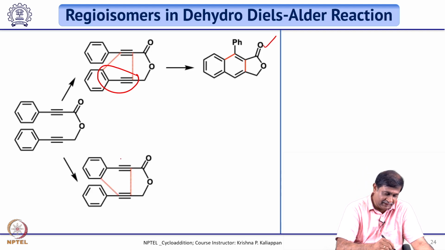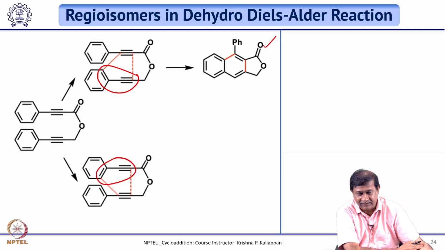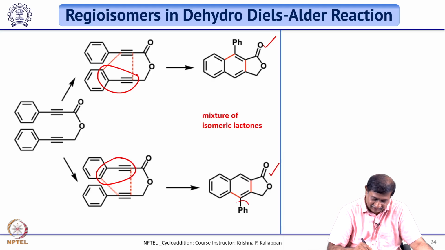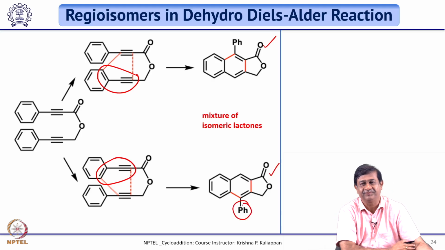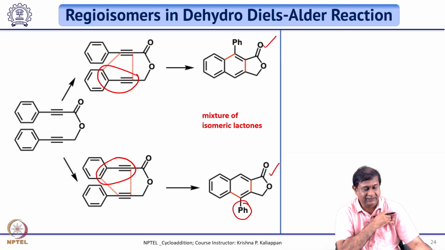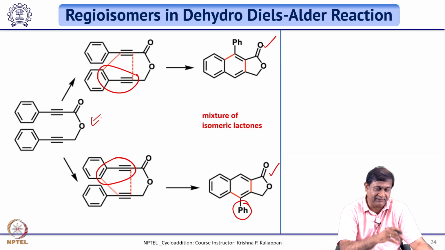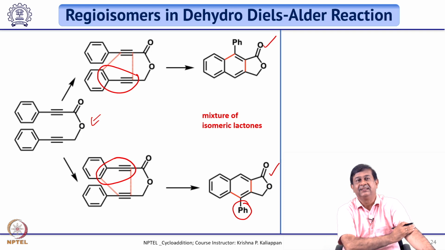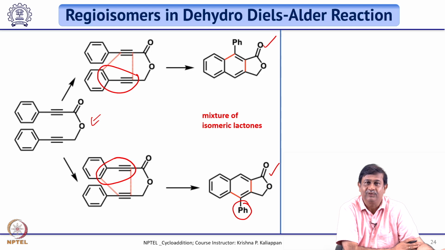However, if this is the enyne which undergoes Dehydro Diels-Alder reaction, then you will get the other lactone where the phenyl group is at the bottom. So what is possible depends on the nature of your substrate. Here this is unsymmetrical. If your diyne is unsymmetrical, there is a possibility of getting both regioisomers, but if you start with a symmetrical compound, you will get only one product.